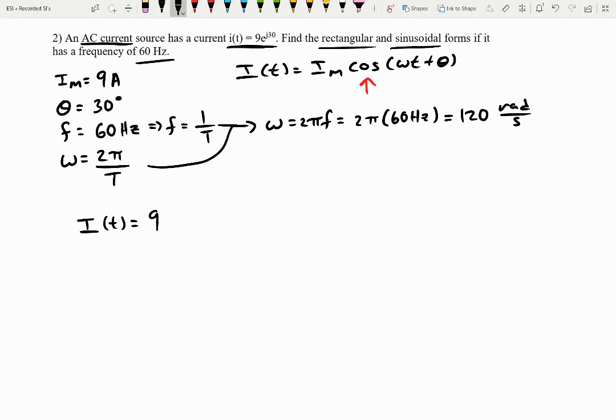Real parts are useful to us. So 9 cosine, our omega, drop our t in there, and then add our phase angle, which is 30 degrees. If this was a negative phase angle, all we would do is replace the positive with the negative in front of the phase angle. Okay, so this is our sinusoid equation.